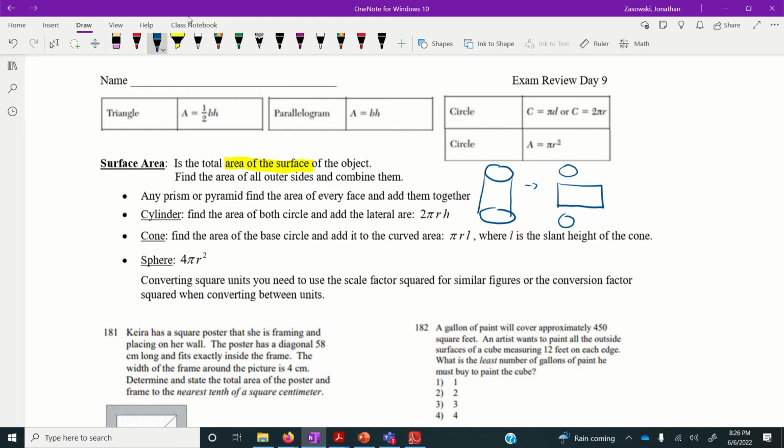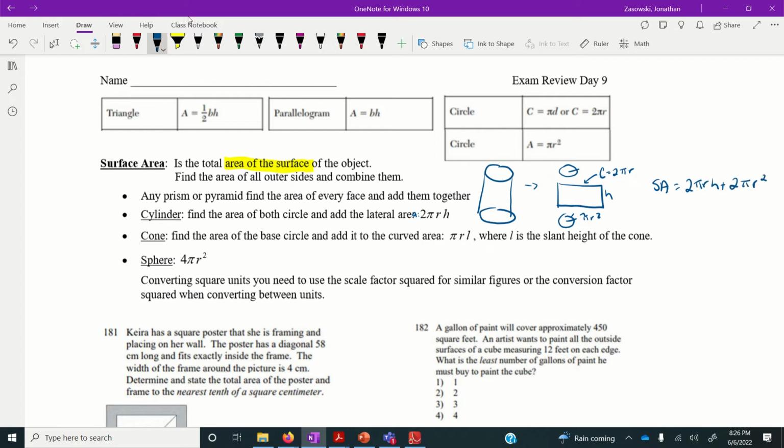So remember that this portion at the top here is really the circumference, which is 2 pi r, and this part is the height of the prism. And then we would just need to find the area of these two circles, which we know is just pi r squared. So the lateral area is 2 pi rh, and the surface area is 2 pi rh plus the two circles, 2 pi r squared.